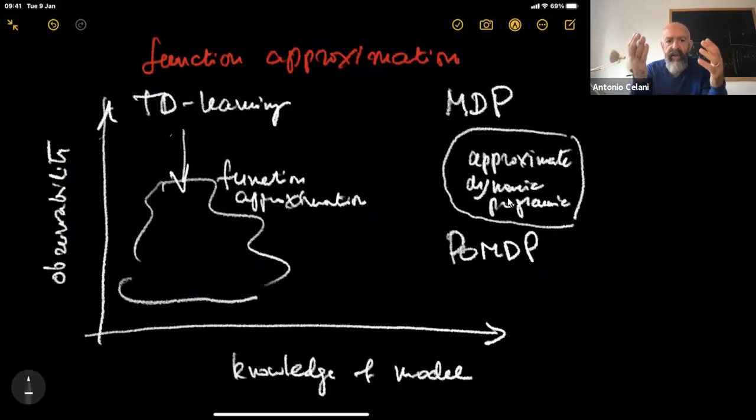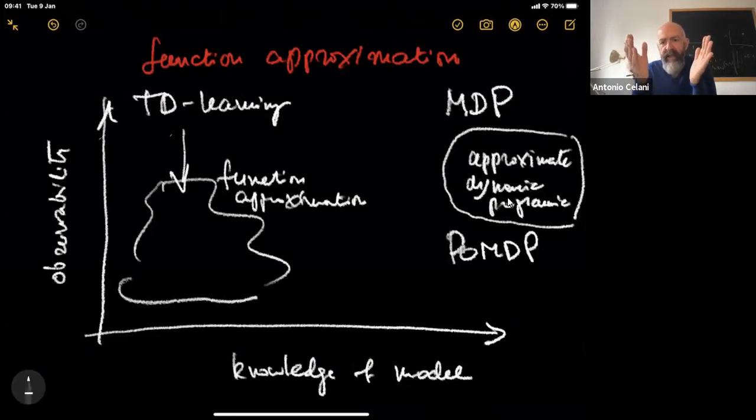Okay. And clearly here, reinforcement learning joins forces with other parts of machine learning. So all the devices that come also from supervised learning for generalization will be useful in this context. This is the part of reinforcement learning which makes closer contact with the more classical approaches of machine learning.